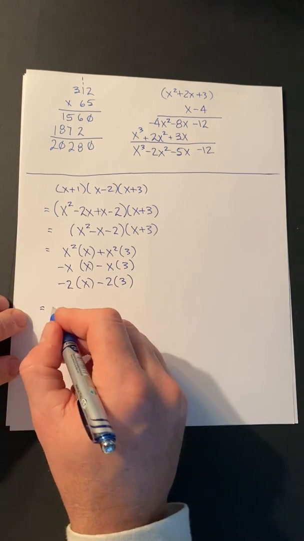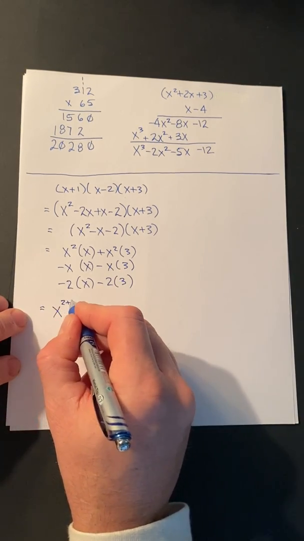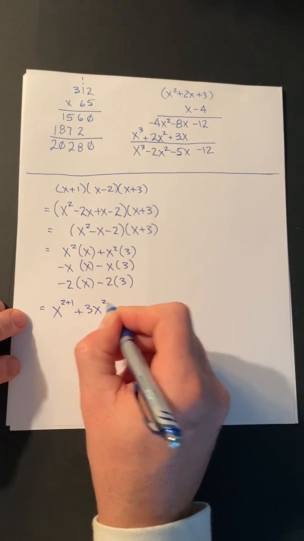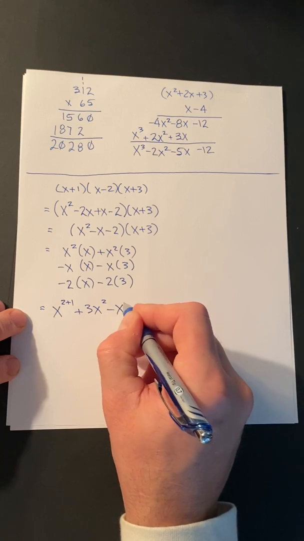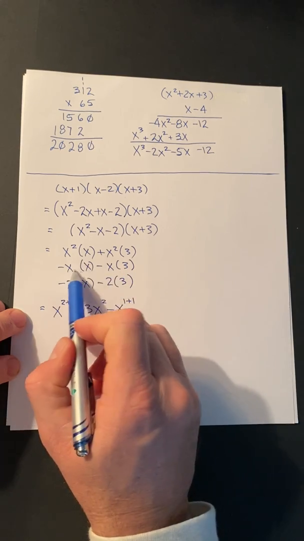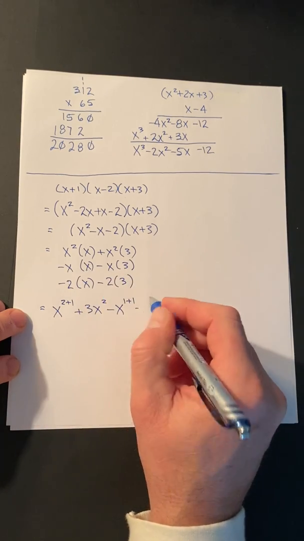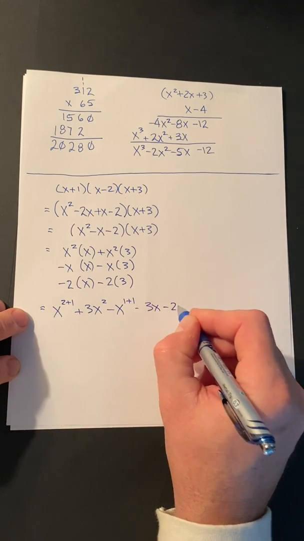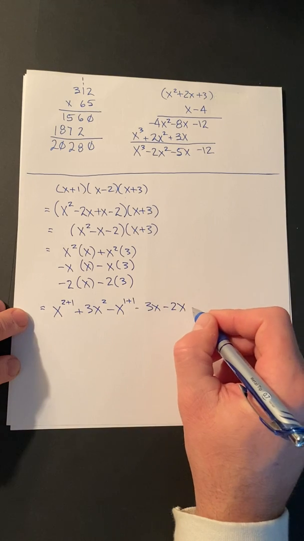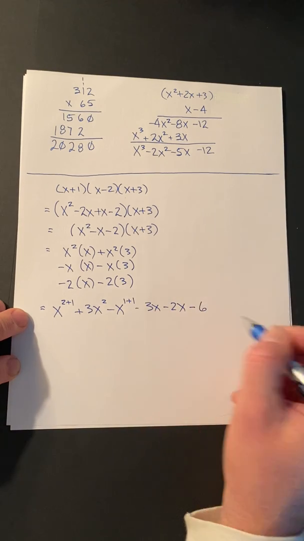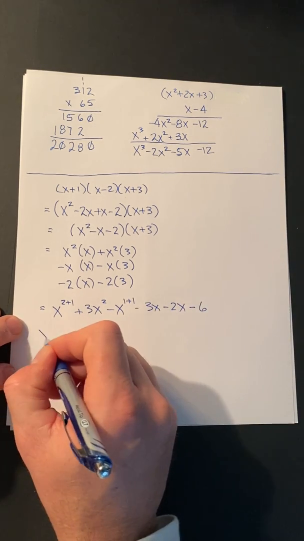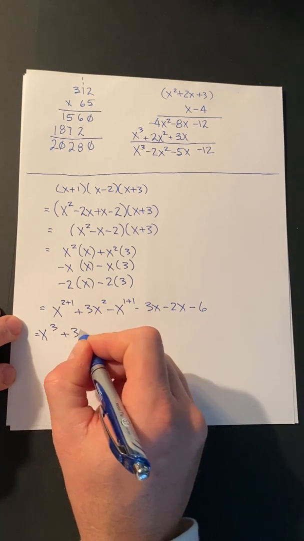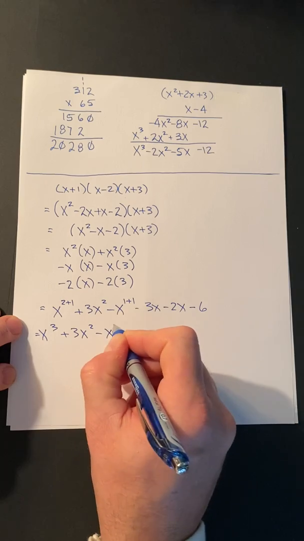So now I just have x squared times x plus 3x squared minus x squared minus 3x minus 2x minus 6. Now that gives me x cubed plus 3x squared minus x squared.